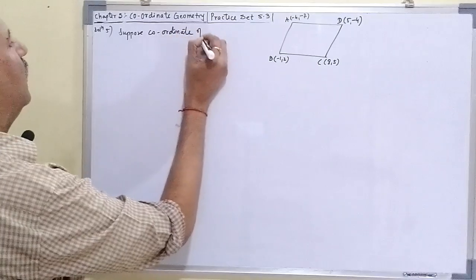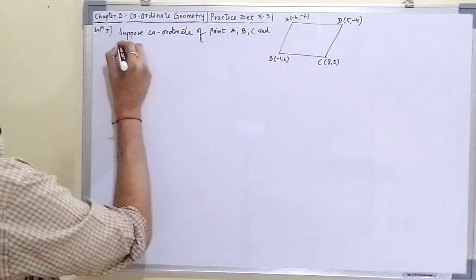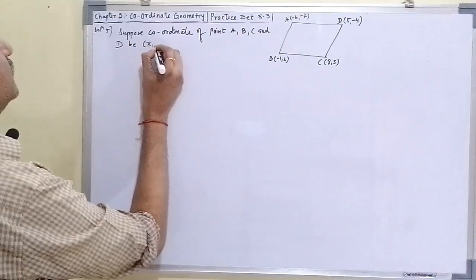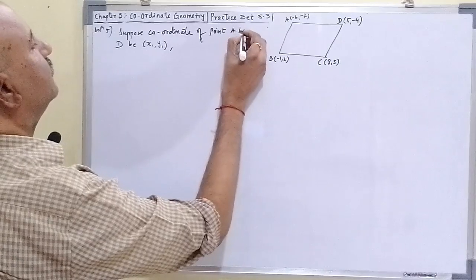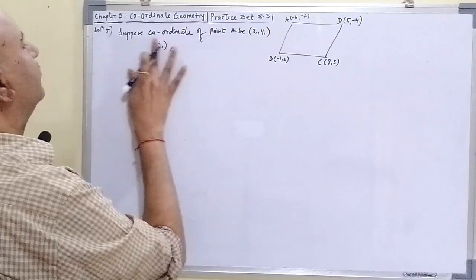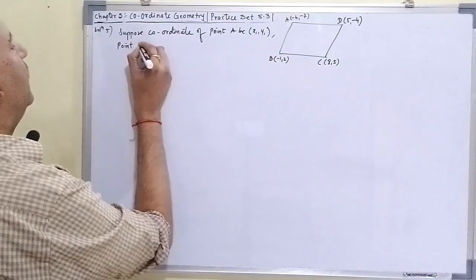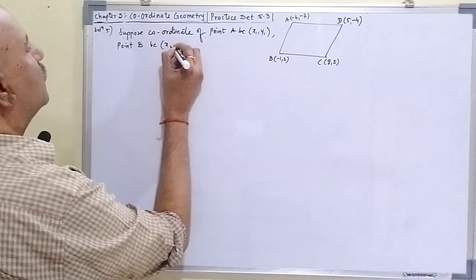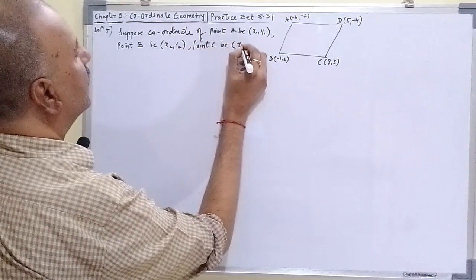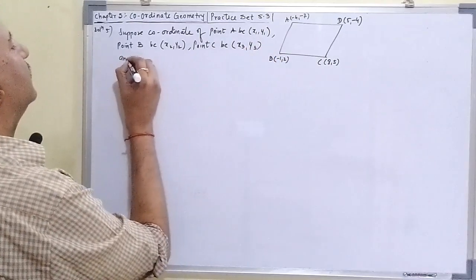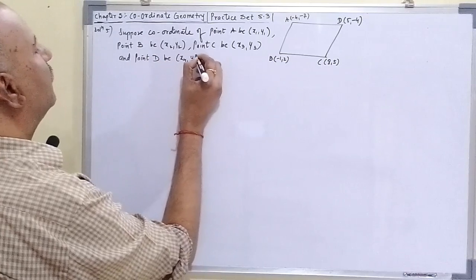Suppose coordinates of points A, B, C and D be: point A is x1, y1, point B is x2, y2, point C is x3, y3, and point D is x4, y4.